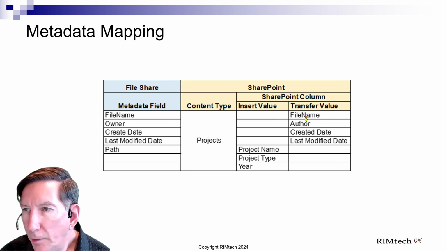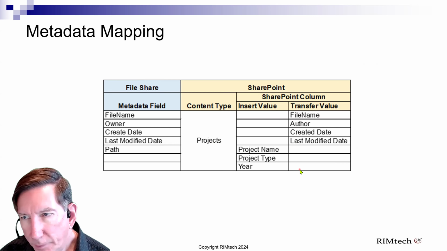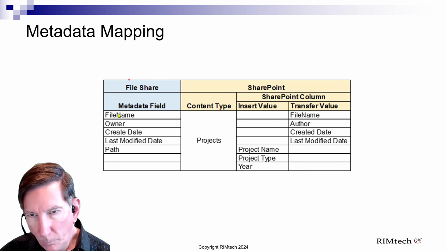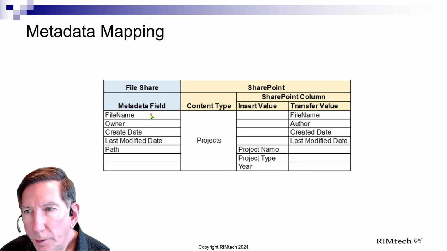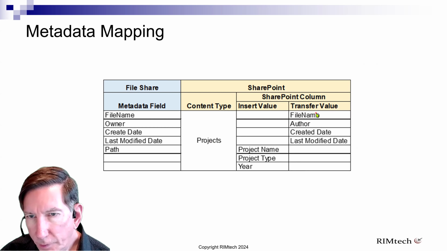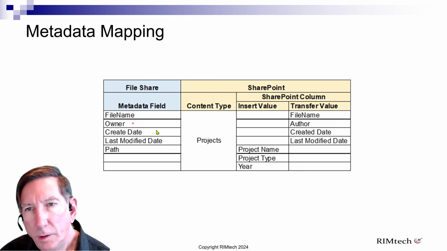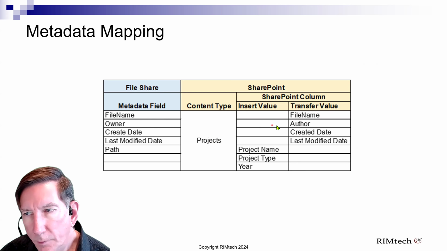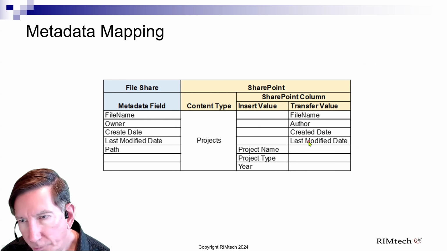And in it, we'll have 1, 2, 3, 4, 5, 6, 7 metadata fields. So we have 5 source and 7 targets. So what are we going to do? Well, the file name is a straight transfer. The owner in the file share will have to become the author in the SharePoint. The create date is the create date. Last modified date is fine.